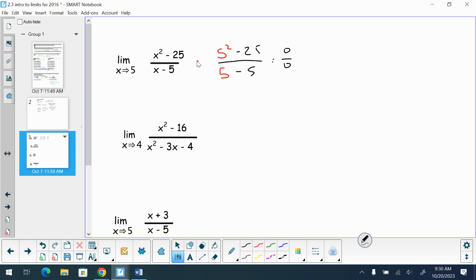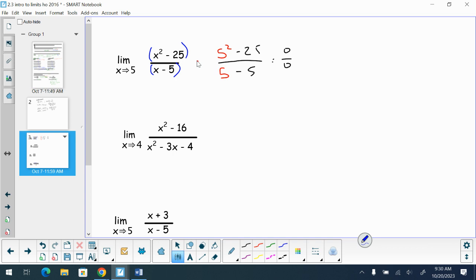So we now go back to our fundamental idea. When all else fails, type in your function into your y1.